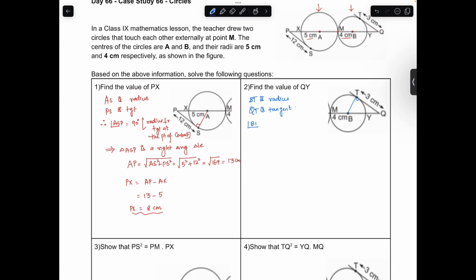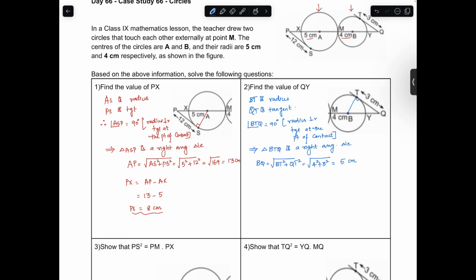Therefore, this angle BTQ is 90 degree. The reason being radius is perpendicular to the tangent at the point of contact, which implies that triangle BTQ is a right angled triangle. Applying the Pythagoras theorem, BQ is square root of BT square plus QT square, which is root 4 square plus 3 square.